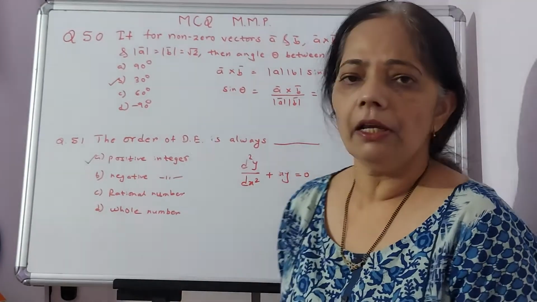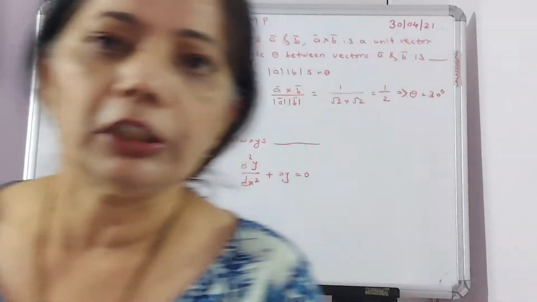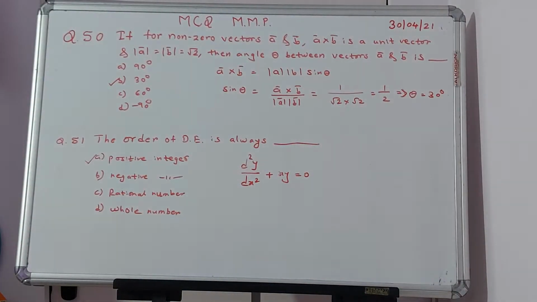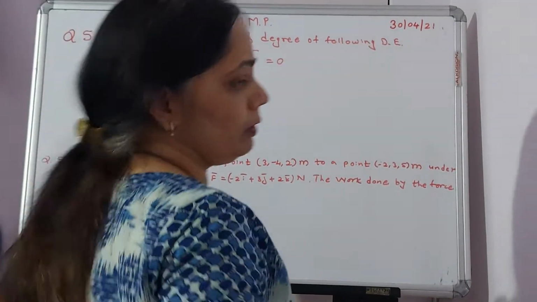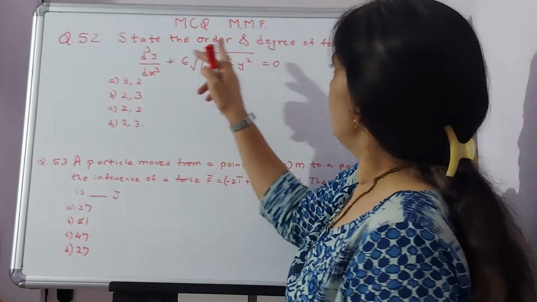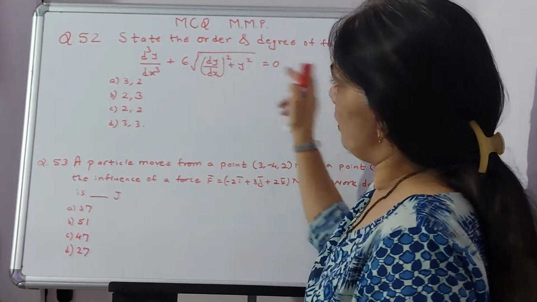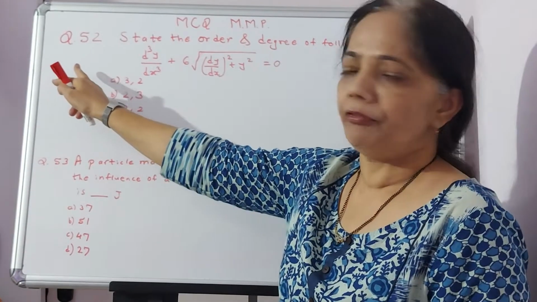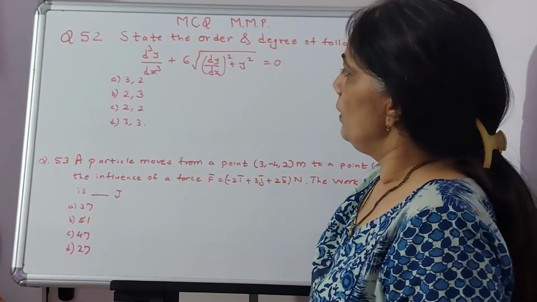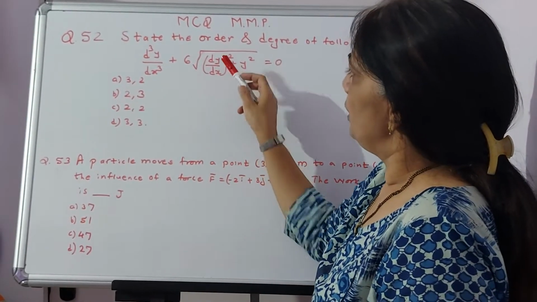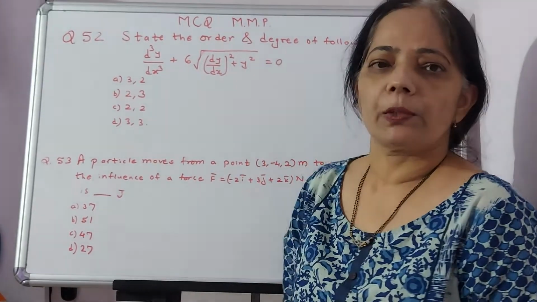We'll move forward with question number 52 and 53. Next question, state the order and degree of the following differential equation. Question number 52. The equation given is d cube y by dx cube plus 6 under root dy by dx square plus y square is equal to 0.